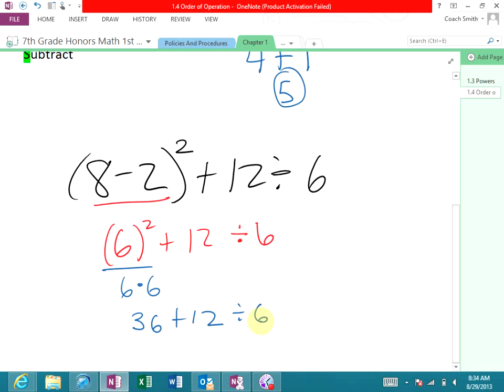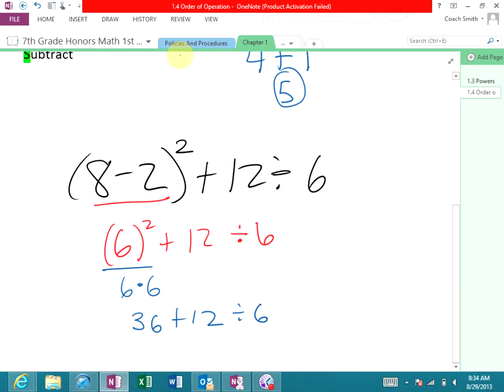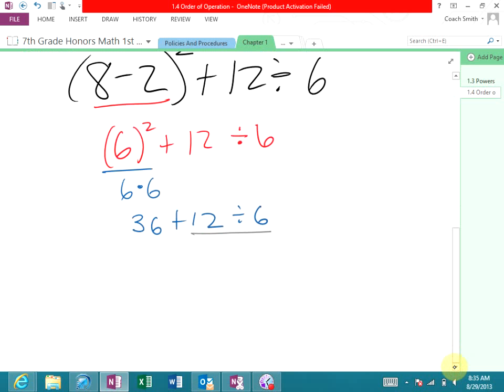Okay, now, at that point, we're going to do what? What's next? Joshua? Divide, and what are we going to divide? Okay, we're going to divide 12 and 6, which means, remember, once again, the second number is always on the outside of the bracket, so you're going 6 into 12.